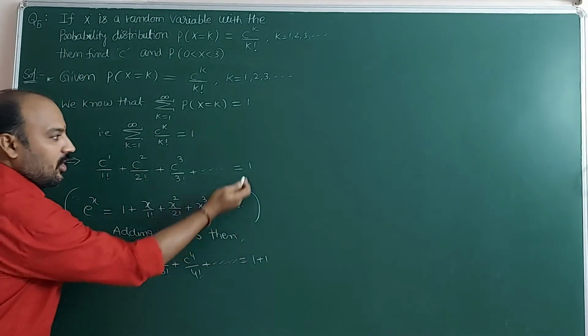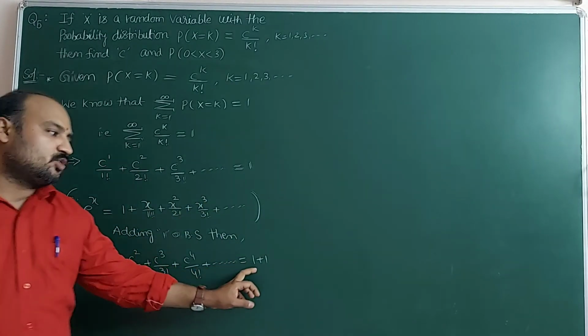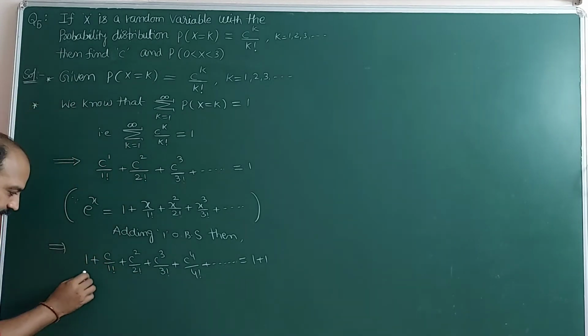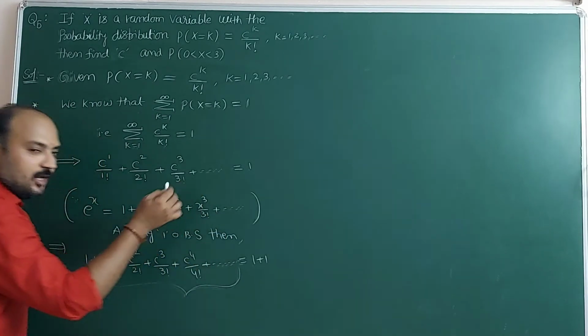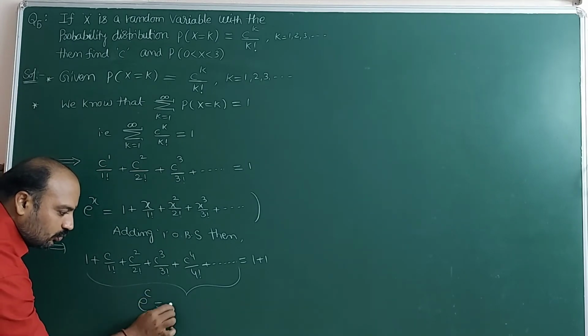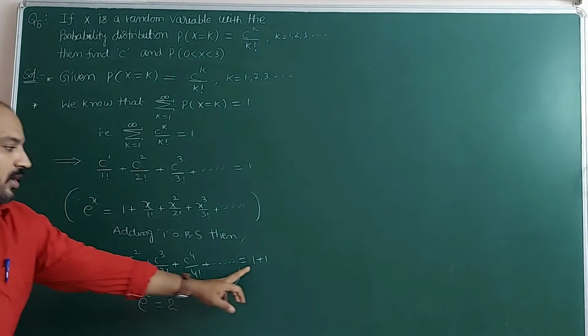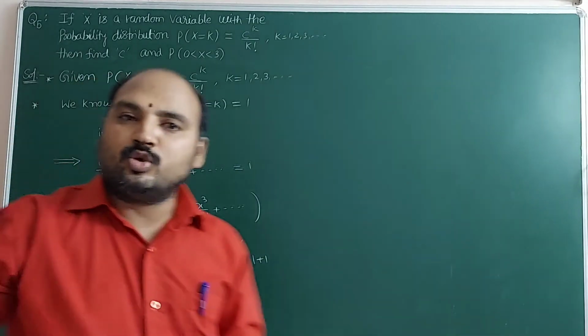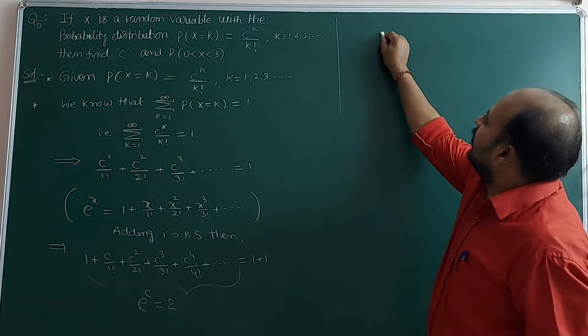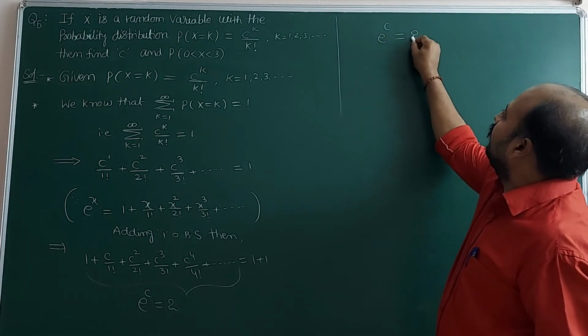We are adding, already 1 is there. So 1 plus 1 is 2. This side is the expansion of e power c. So e power c is equal to 2.